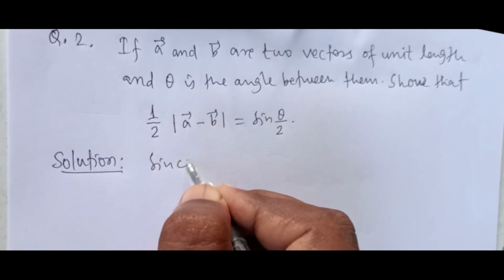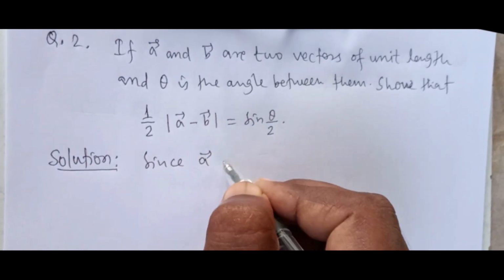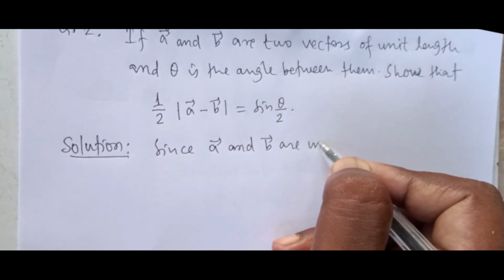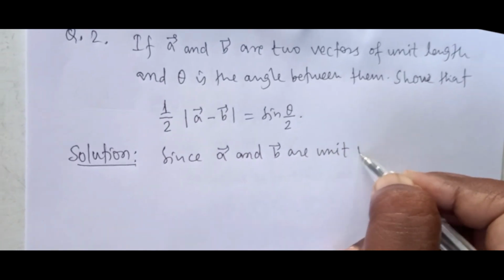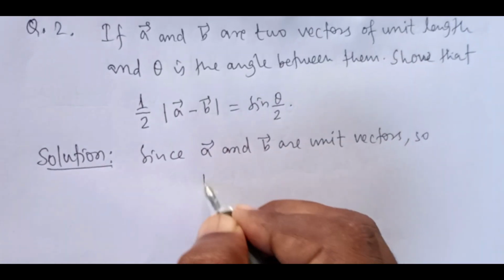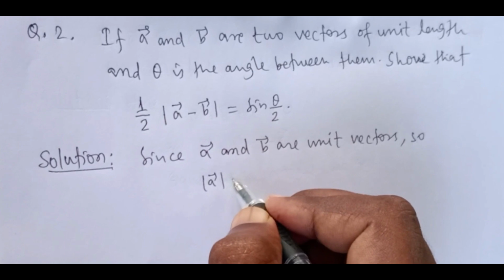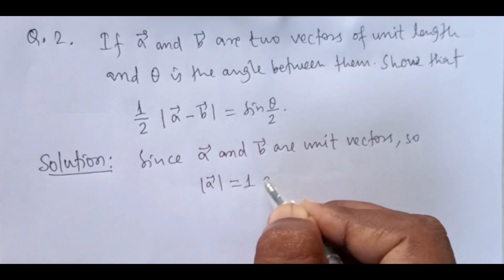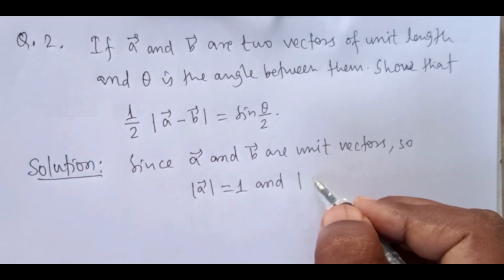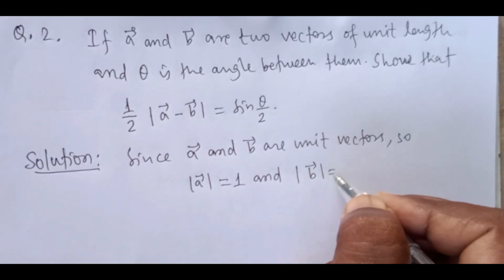Since vector A and vector B are unit vectors, modulus of vector A is equal to 1 and modulus of B vector is equal to 1.